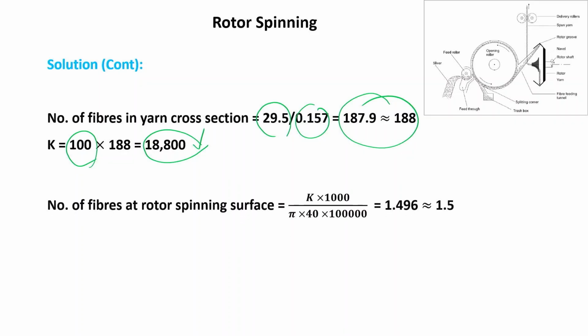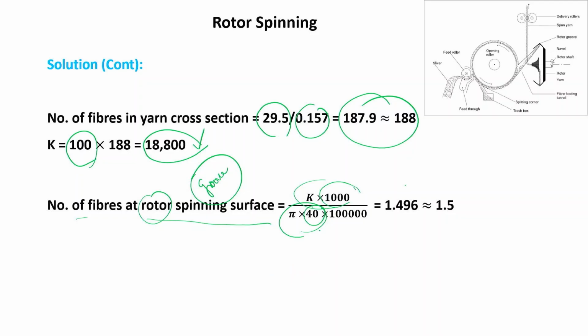So, the number of fibers at the rotor surface, that is the rotor groove, will be K times 1000 divided by pi times 40, where 40 is the rotor diameter. How are we getting this?